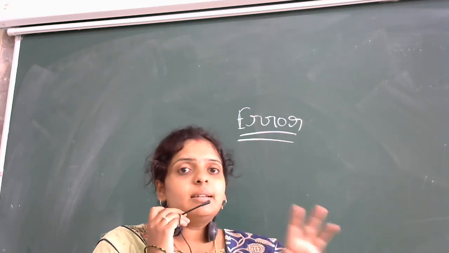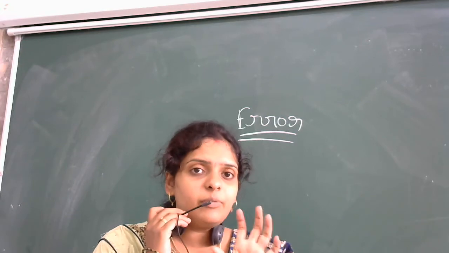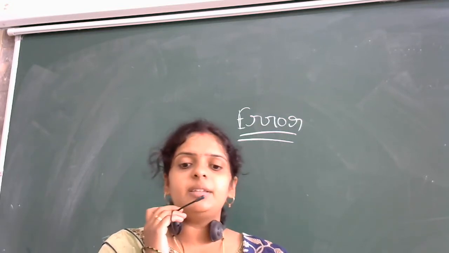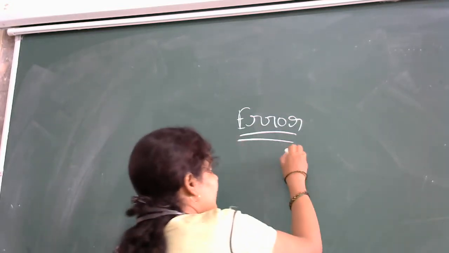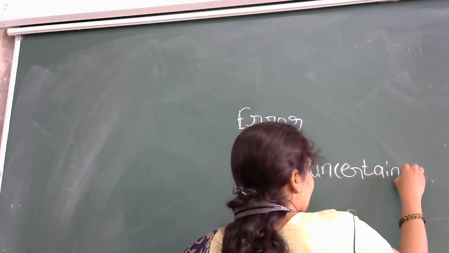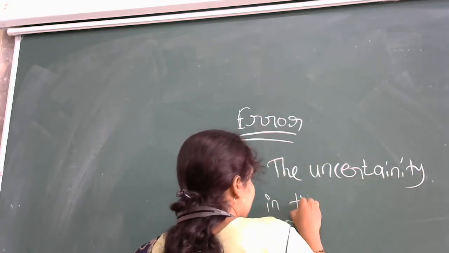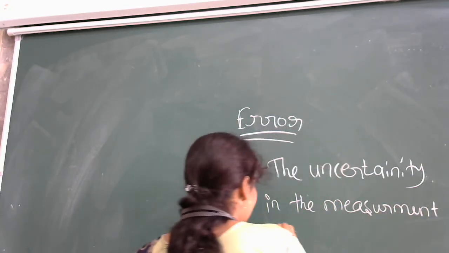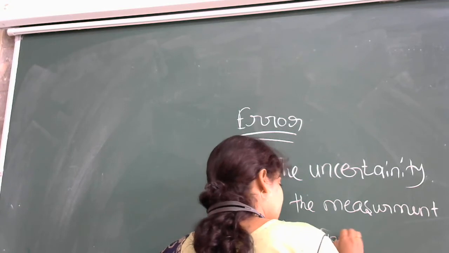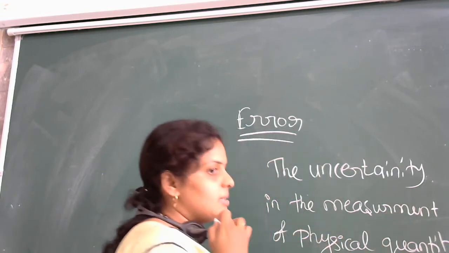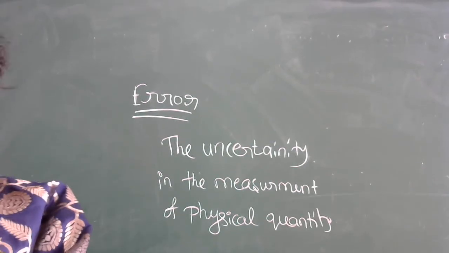Whatever difference you get is the uncertainty in the measurement of a physical quantity. So I will write the definition: the uncertainty in the measurement of physical quantity is known as error.